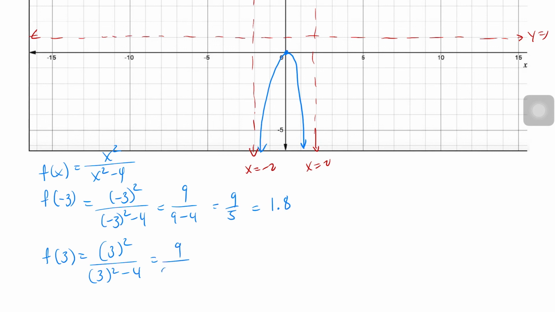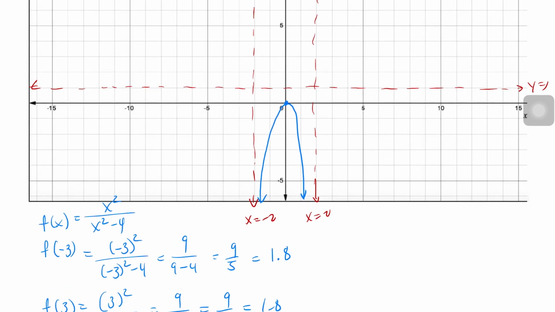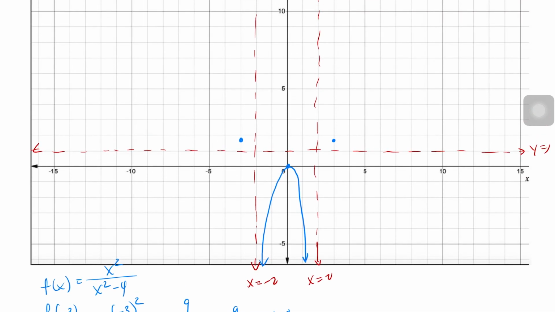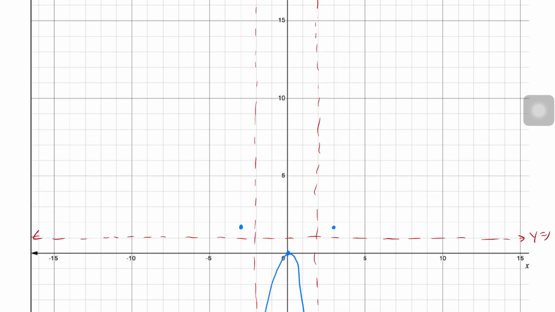And do the same thing for f of 3, and it's going to be the same number, 1.8. So that means at -3, you're going to have 1.8. So that's somewhere in here. At +3, you're also going to have 1.8.